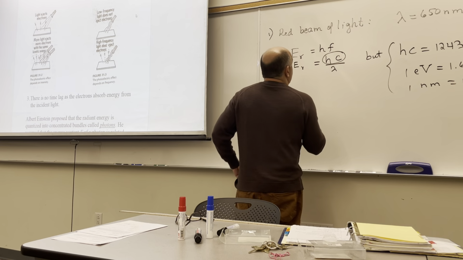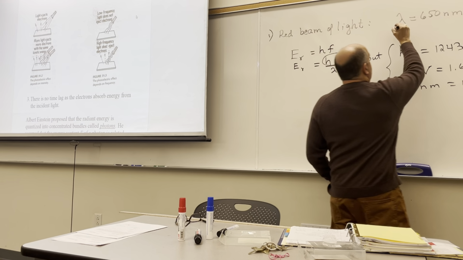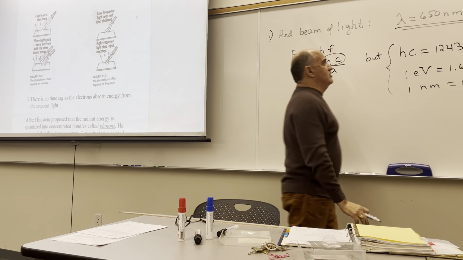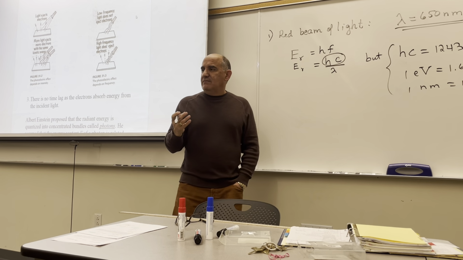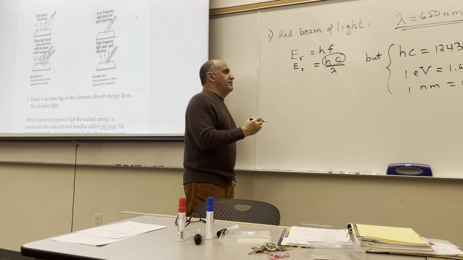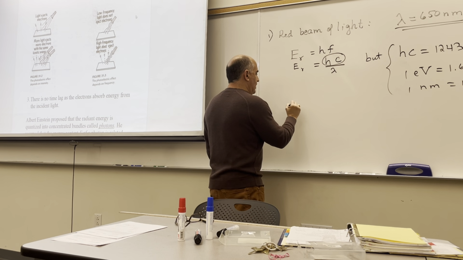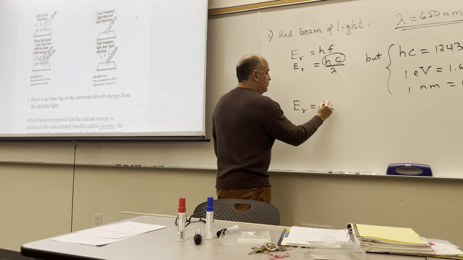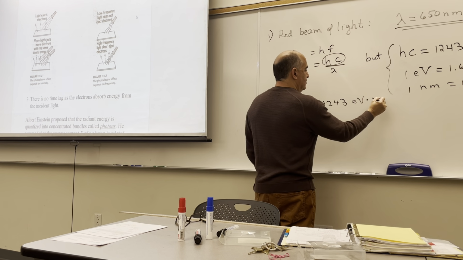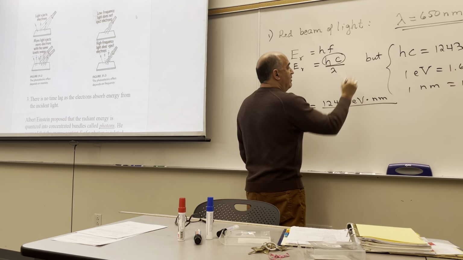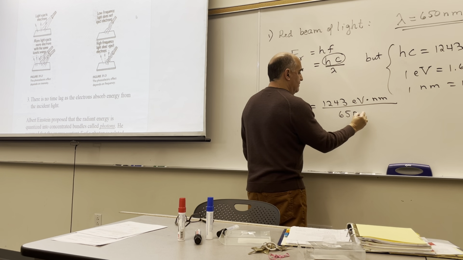So, for example, if I want to know the energy of a photon of red light, where you think of the red light as a wave with wavelength 650 nanometers, then the energy of that photon would be 1243 electron volts times nanometers divided by 650 nanometers.